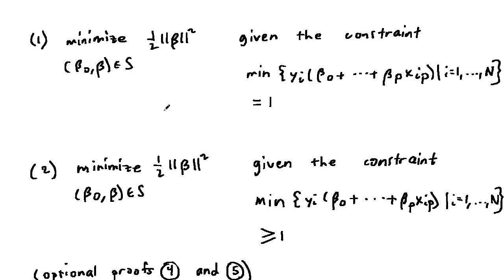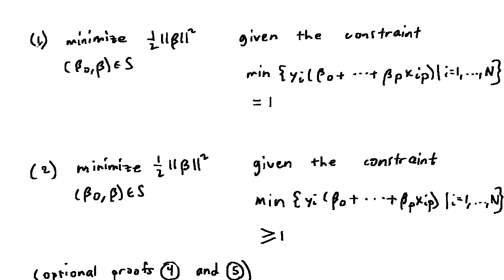Actually, we can relax the constraint by making it an inequality. The problem 1, minimize 1/2 the norm of beta squared, given the constraint where the minimum is 1, is equivalent to the problem 2, which is minimize 1/2 the norm of beta squared given the constraint where the minimum is greater than or equal to 1. So instead of equality, we can replace it with an inequality here.